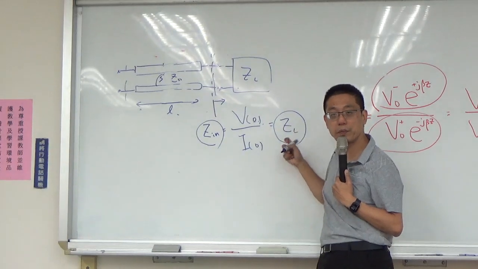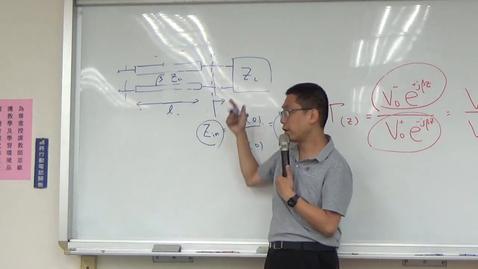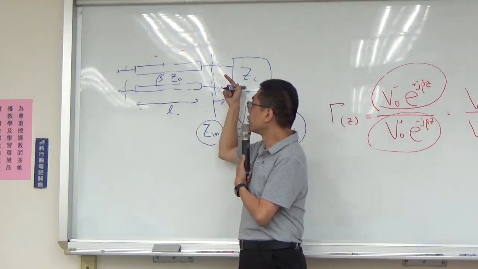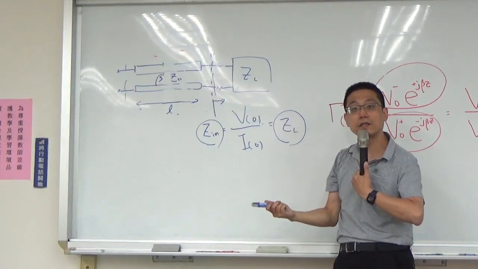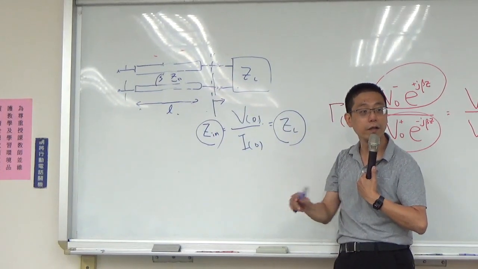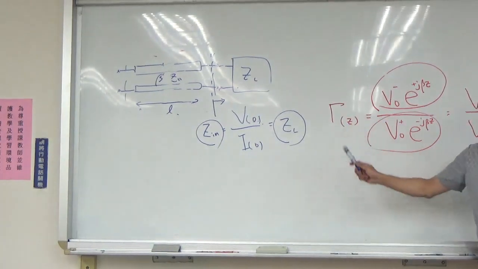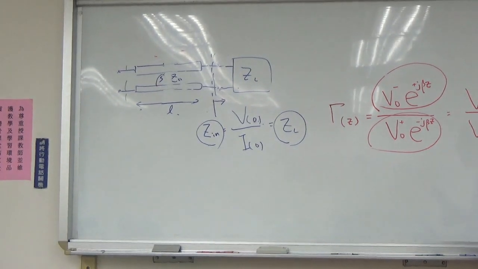Your impedance going this way is this one, but your impedance read in this direction is another impedance. They are different. So the same as the reflection coefficient, your impedance is a function of position, and it also has a direction.